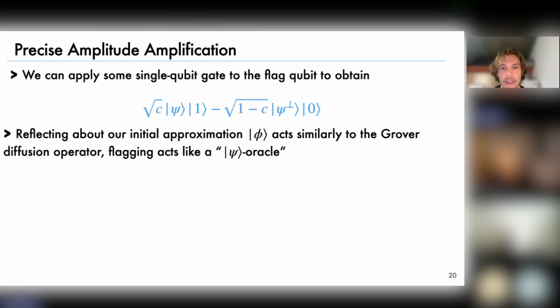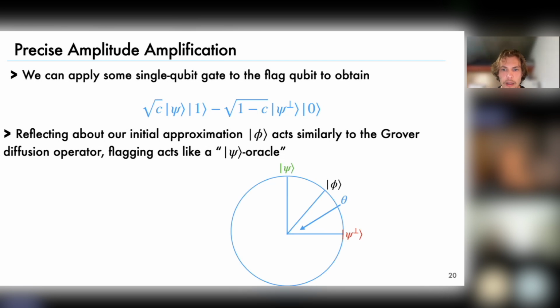And what I'm claiming is that by toggling the phase on this ancilla qubit, that is either 1 in the psi branch and 0 in the psi perp branch, this operation acts analogously to the oracle in Grover's algorithm. And reflecting about this initial approximation state is analogous to the diffusion operator in Grover's search.